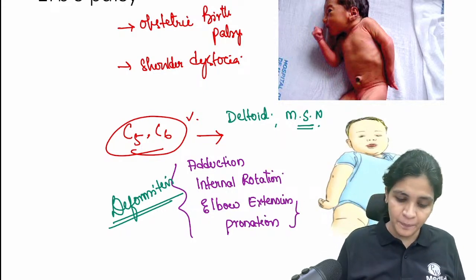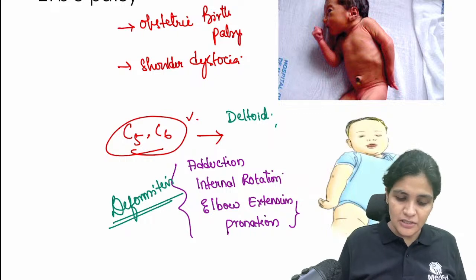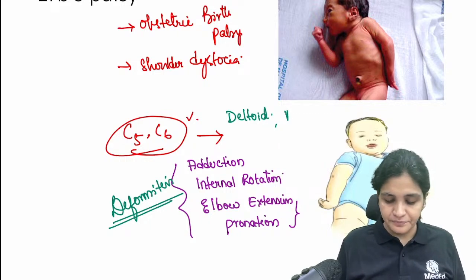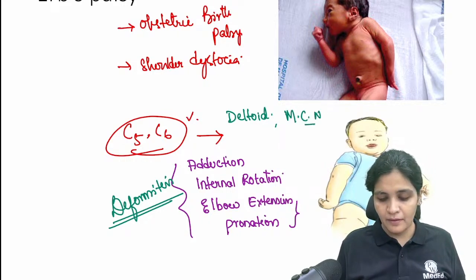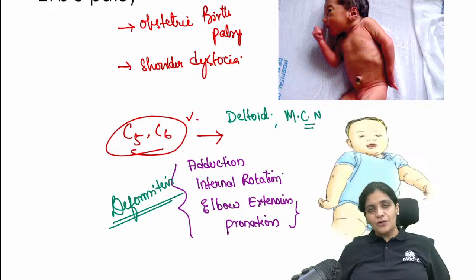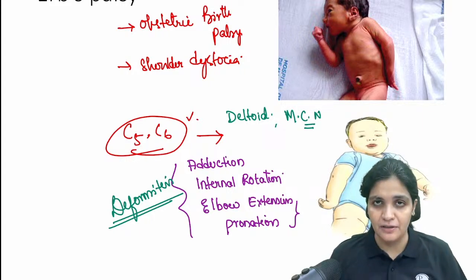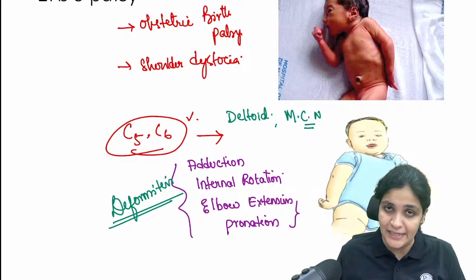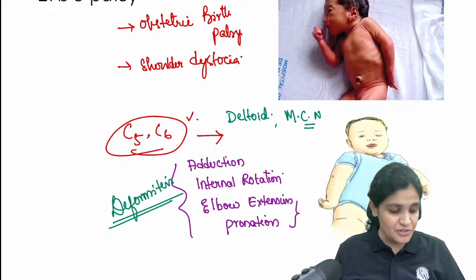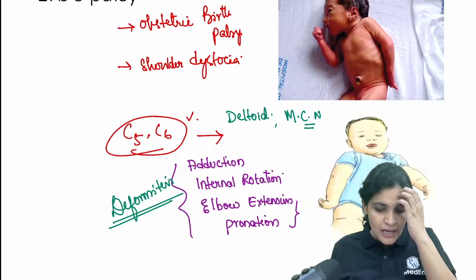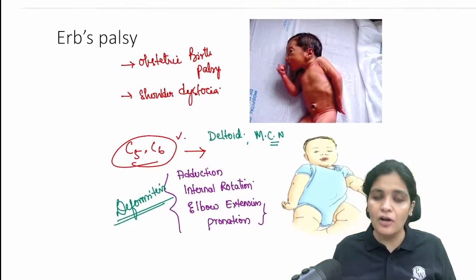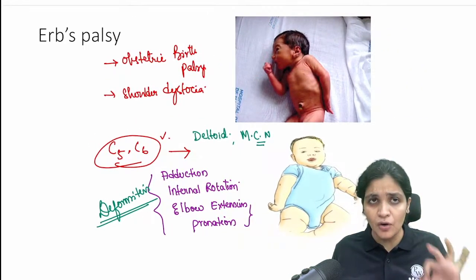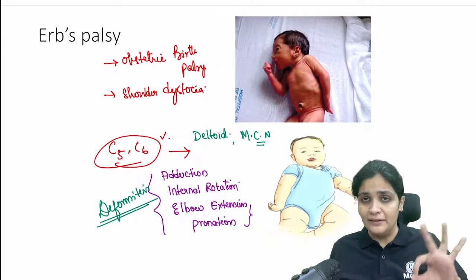Musculocutaneous is for flexion and supination, right? Loss of flexion results in extension and loss of supination results in pronation. So this is your Erb's palsy. This can be your spotter, and then they will ask you how this will happen and what the deformities are.